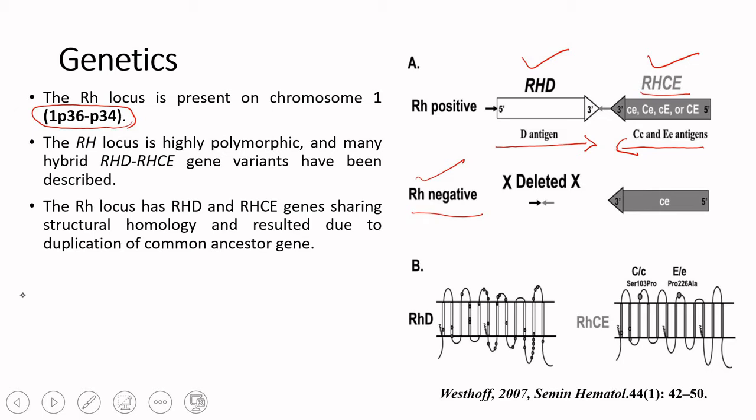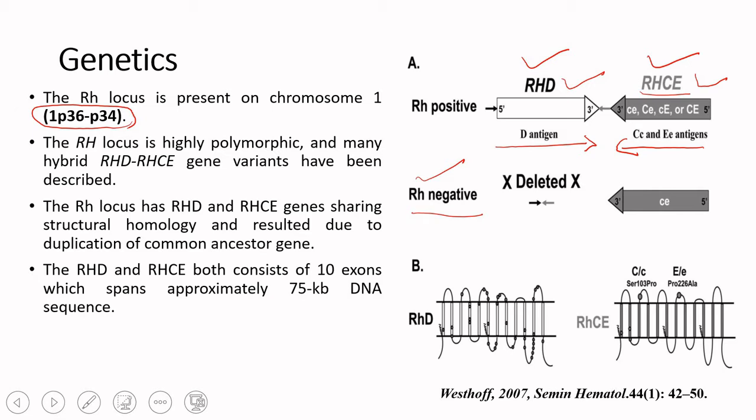That common ancestral gene got duplicated and resulted in the two different genes, RHD and RHCE, but with some minor changes. RHD and RHCE both consist of 10 exons. Those regions which are expressed are termed exons, and the genes span approximately 75 kb of DNA sequence.